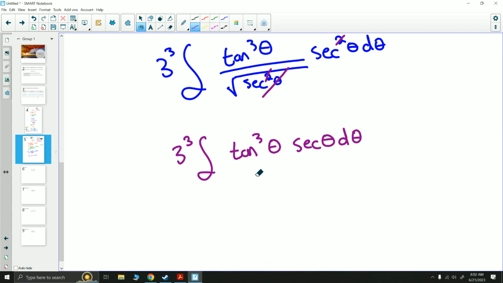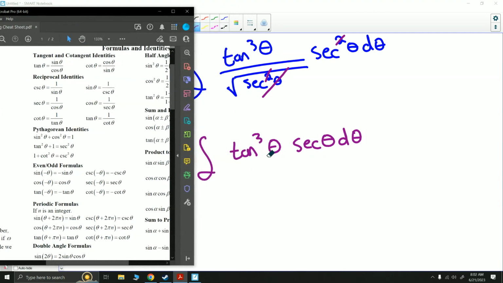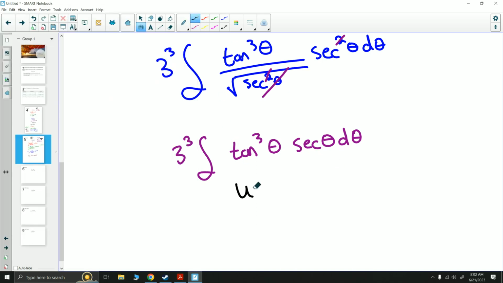If we want to integrate these things, same thing as before, we want to keep in mind that we basically have a tangent squared and a tangent secant, and we don't have a secant squared. So we don't want our u to be tangent, because the derivative of tangent is secant squared, but the derivative of secant is secant tangent. So I'm going to choose u to be secant theta.